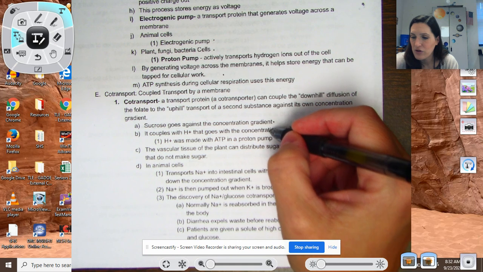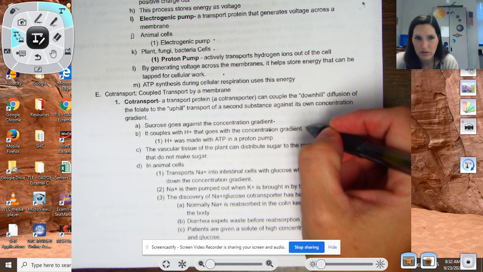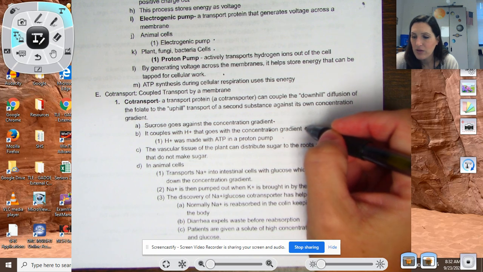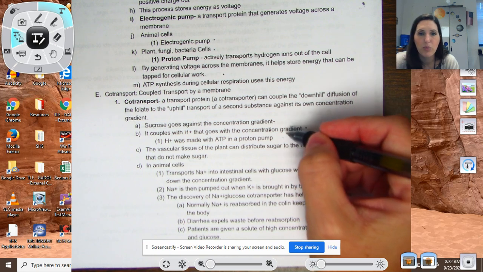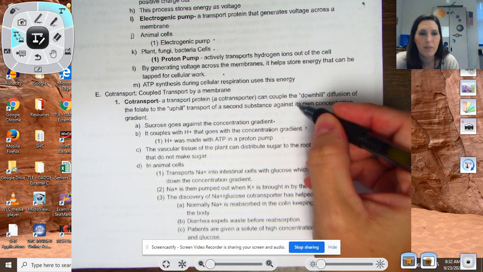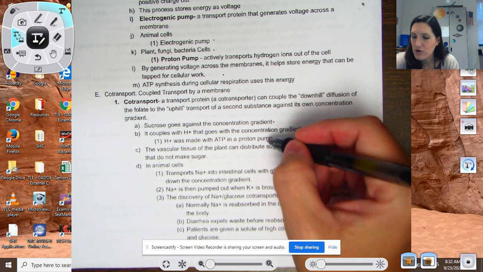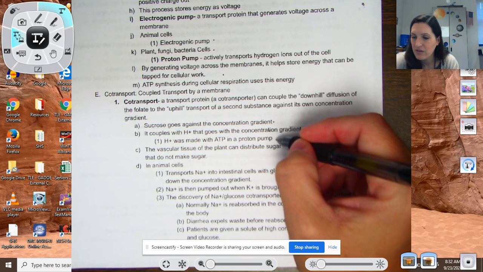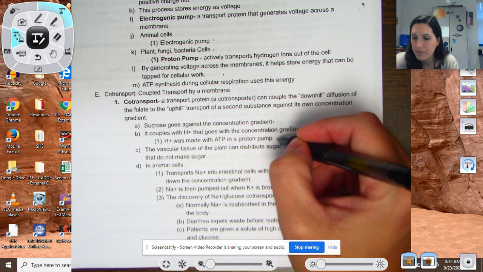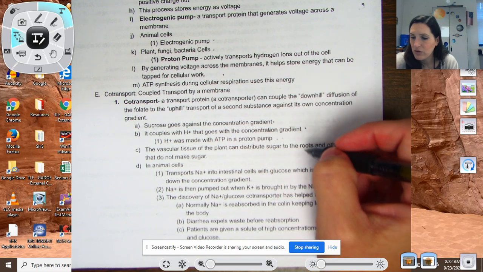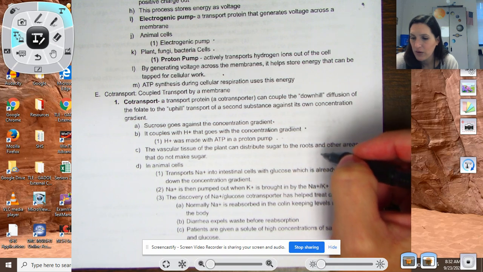It couples with hydrogen ions that go with the concentration gradient. By coupling these together, they work by bringing both parties together. The hydrogen ion gradient was made by ATP in a protein pump. The vascular tissue of the plant can then carry sugars to the roots and other areas.